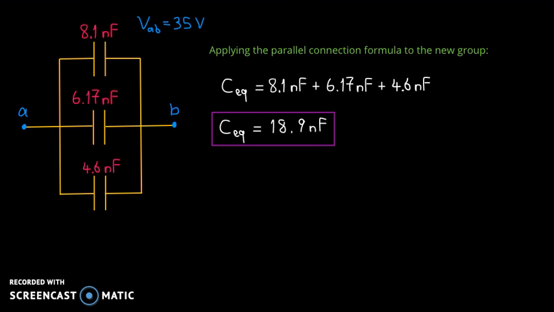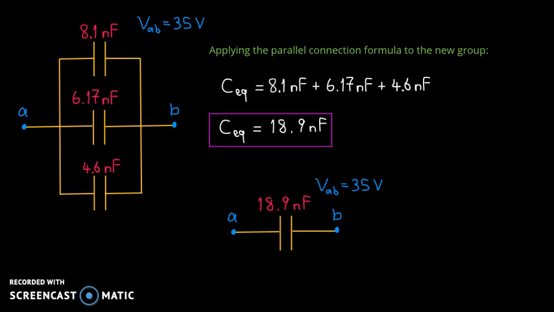And here's what we get when we do that, 18.9 nanofarads. So the original group of capacitors is equivalent to having a single capacitor with capacitance 18.9 nanofarads between points A and B. And the voltage between points A and B is 35 volts.